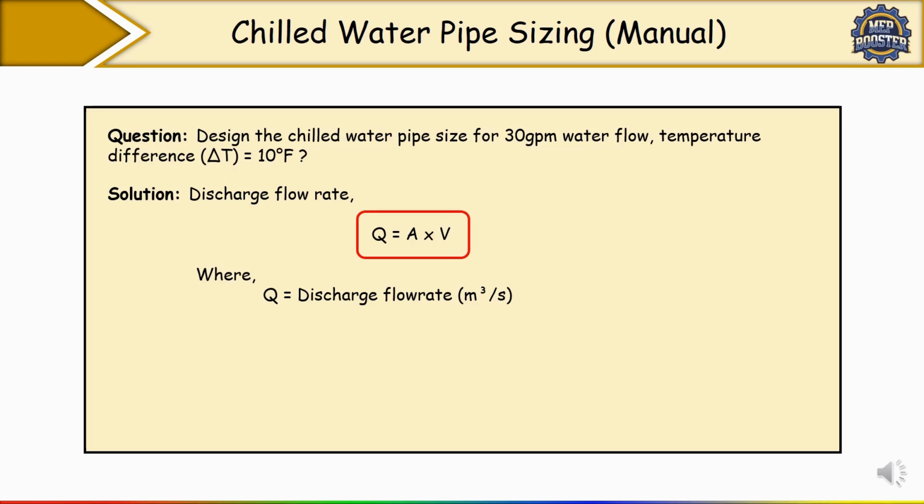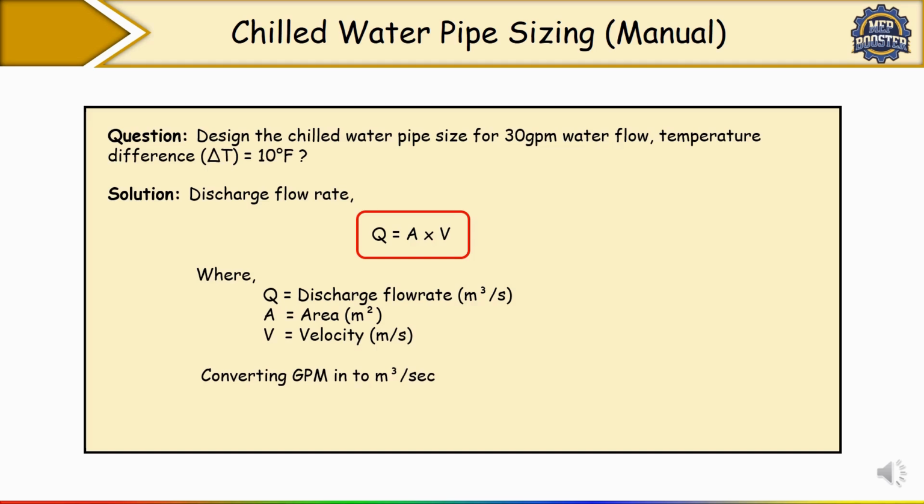In this equation, Q is the discharge flow rate in meter cube per second. But in the question, the discharge flow rate is given in gallon per minute. So our first target is to convert the GPM into meter cube per second. A is the area, V is velocity in meter per second.